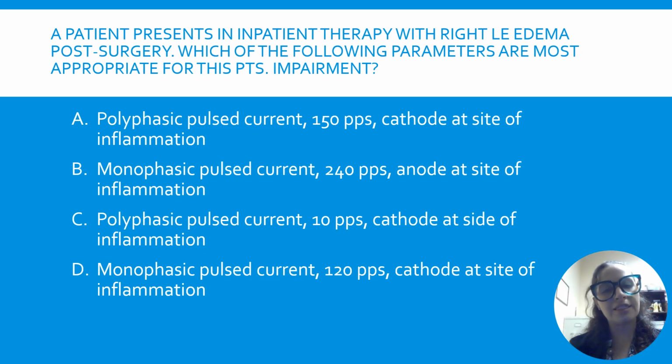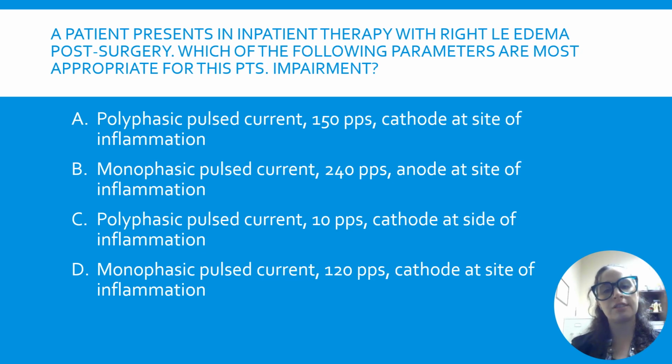I already know it's D, but if I read further in D, cathode at site of inflammation, cathode is your negative, okay? Cathode is your black thing that gives you the negative polarity, and we said many times negative is for inflammation, negative is for inflammation.